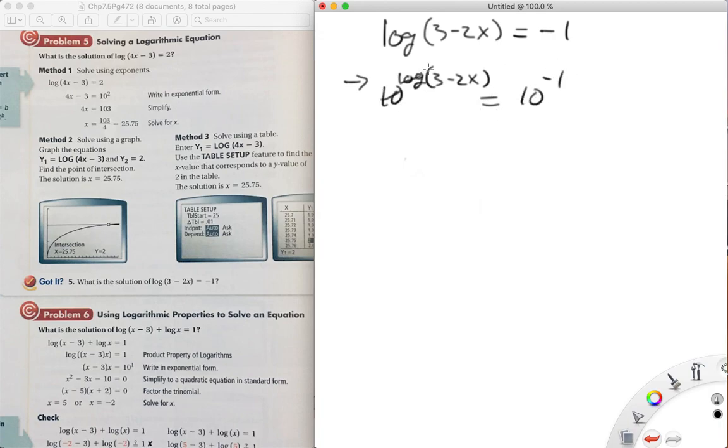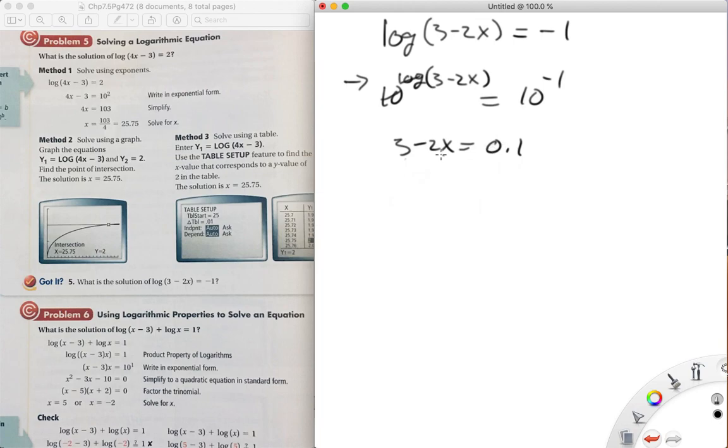These guys cancel, and I'm left with whatever is being logged. So that's going to be 3 minus 2x is equal to, 10 to the negative 1 is 1 over 10. Right. 1 over 10, I can also make it a decimal and say 0.1.